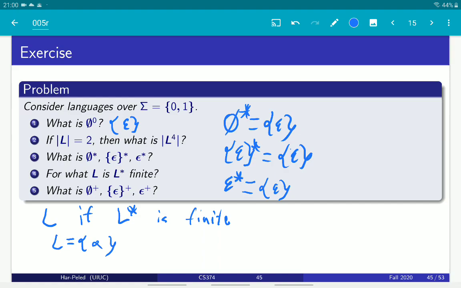So this means that L cannot contain any string that has characters in it. So L can be one of two options: either the language that contains the empty string, or alternatively the empty language, no words in the language. And notice that the two languages are distinct. One language has no string in it, the other has one string, which is the empty string.